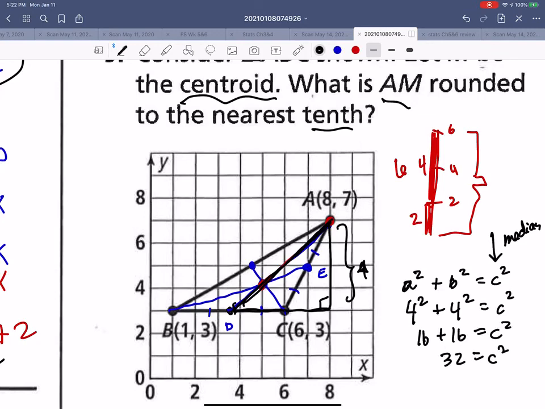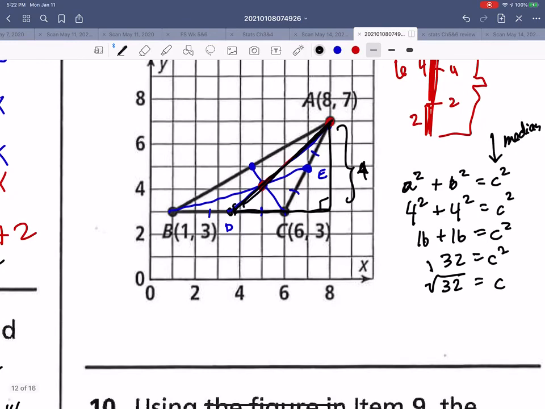But I got to take my square root. So C is equal to the square root of 32. Okay, so let's find the decimal of that. And then the length they're looking for is 2/3 of that.